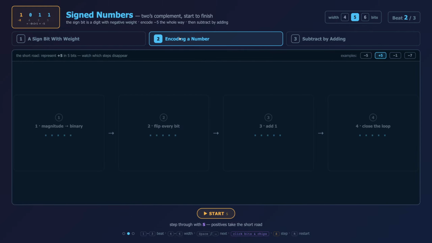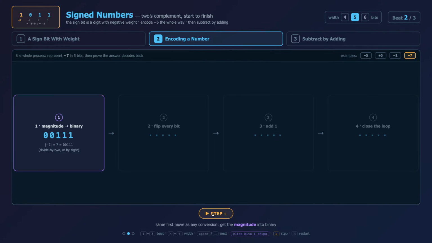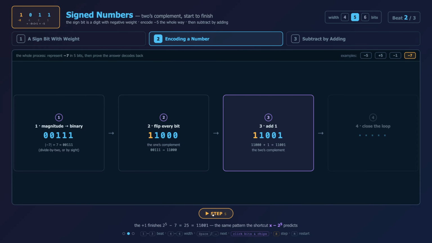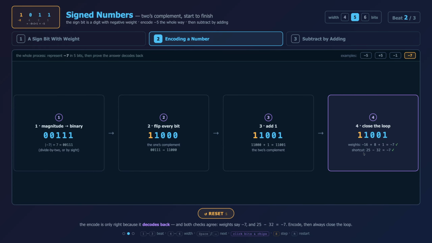If you wanted to encode a number using 5 bits, the process is similar. Okay, we can do -7 in this case because -7 fits into 5 bits. If I did 7, let's start. The magnitude is 0, 0, 1, 1, 1. I flip every bit. I add 1 to it. I get to my answer.